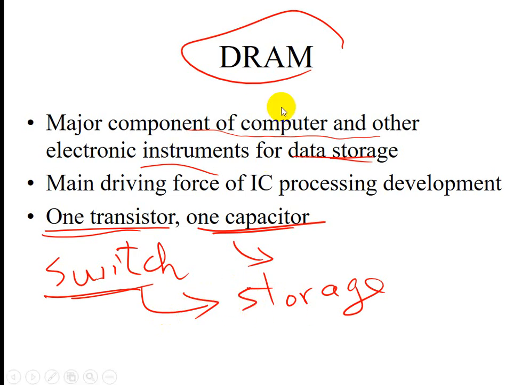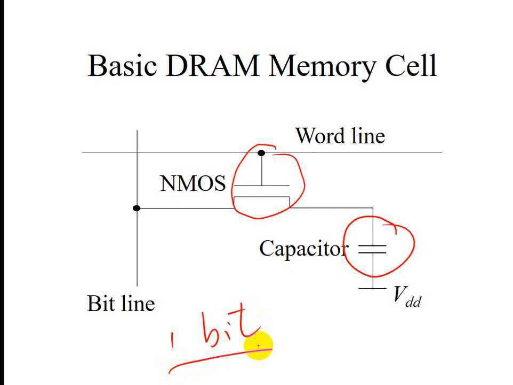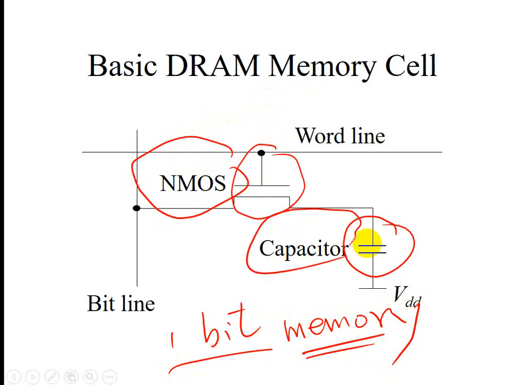So DRAM basically is a transistor plus a capacitor. This is 1 bit of memory, a transistor with 1 capacitor. This is the so-called memory.